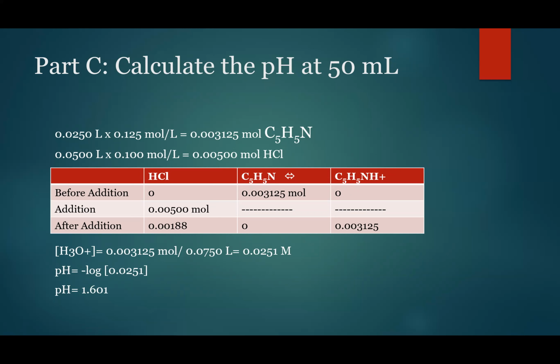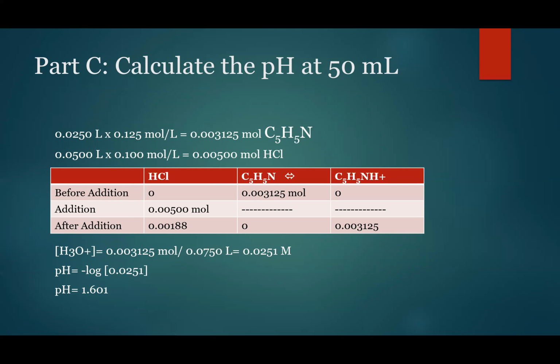Now, we know that we need the concentration of acid in order to find the pH. So we divide 0.003125 by total volume, which is 0.0750 liters, which gives us 0.0251 molar. pH equals negative log of the concentration of the acid, which is 0.0251, which gives us a pH of 1.601, which is extremely acidic.